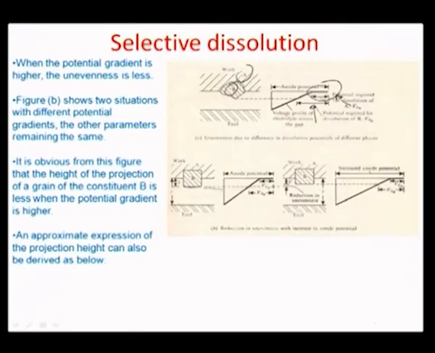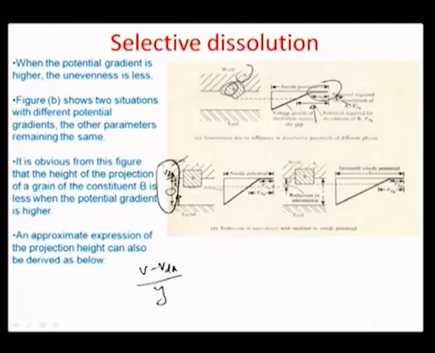So if we compare both the cases, the electric field, which is also proportional to the current density, because electric field times the conductivity becomes the current density. If you look at this gap as y between the tool and the surface A, and the available dissolution potential for A is VDA, so (V minus VDA) by y is the electric field across this particular gap.